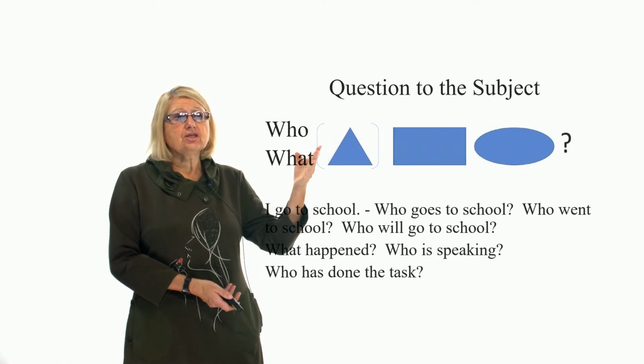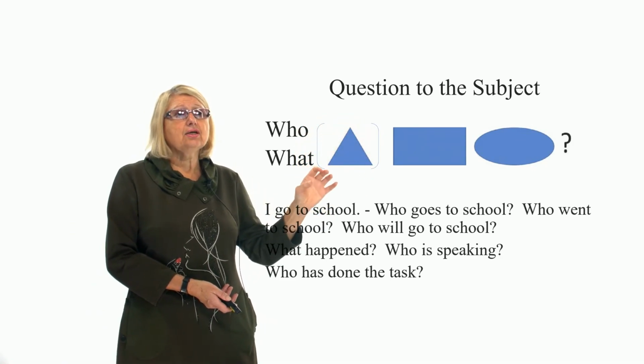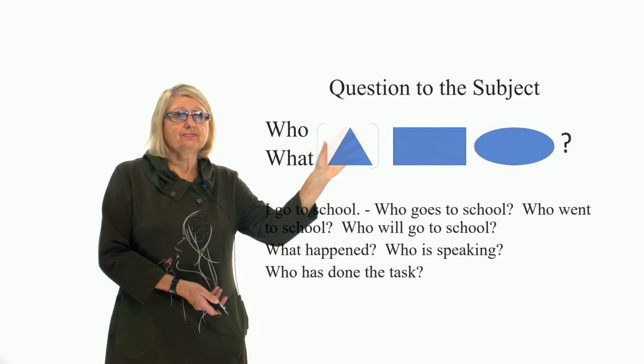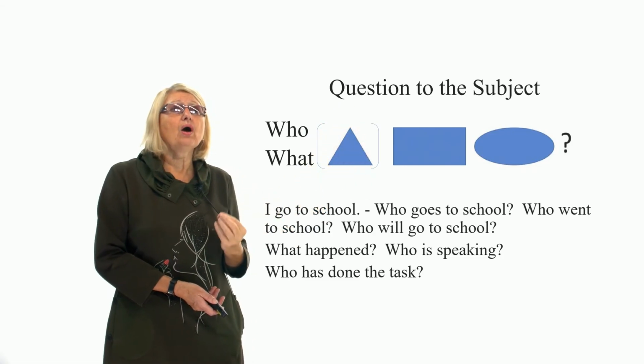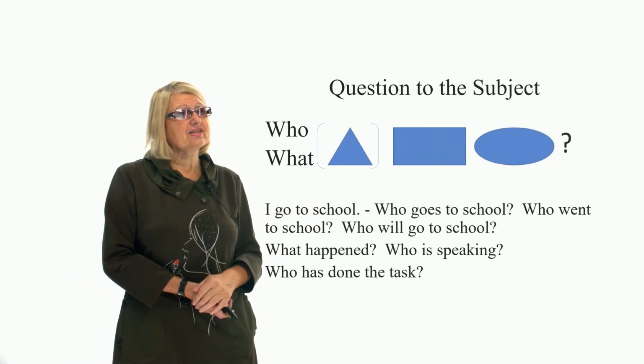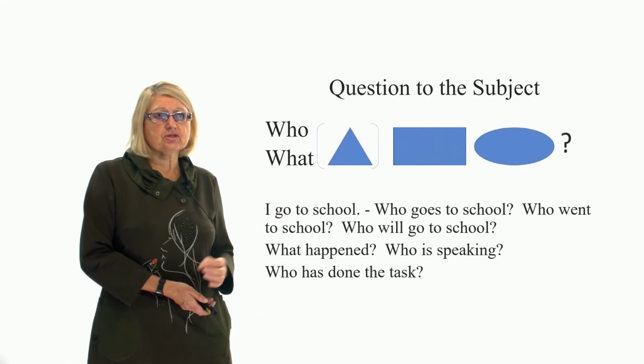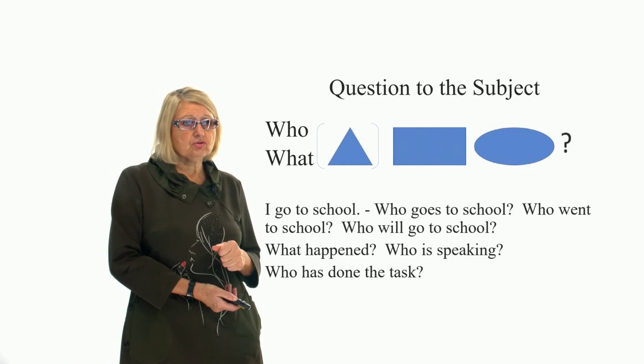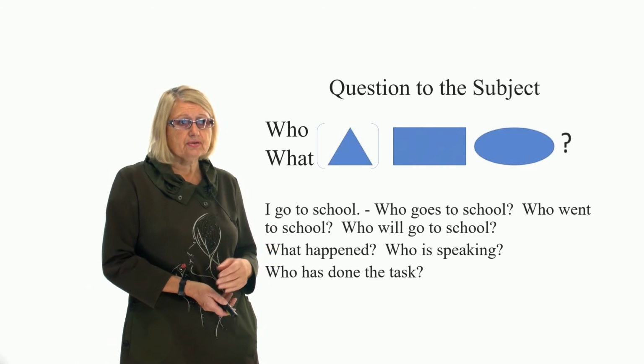Then you see, goes an auxiliary verb in brackets. You see the brackets. Why? If we have auxiliary verb in the sentence, you will use it. But if we don't, you won't use it.